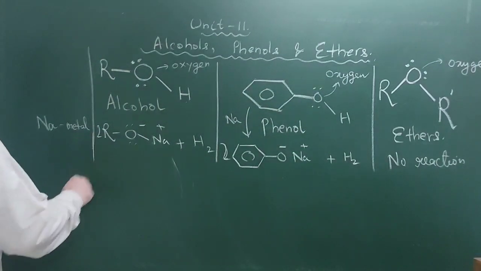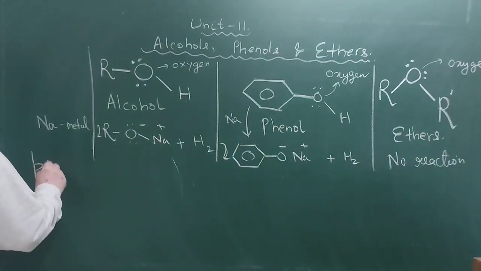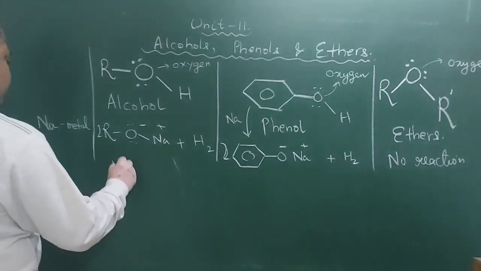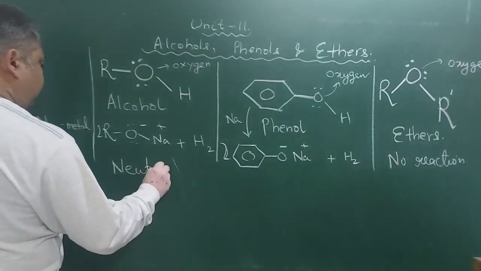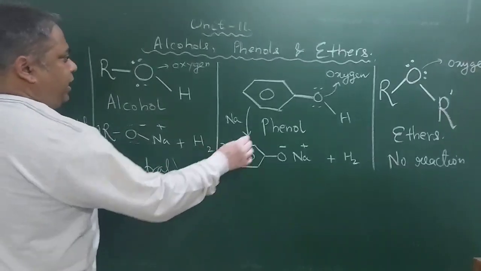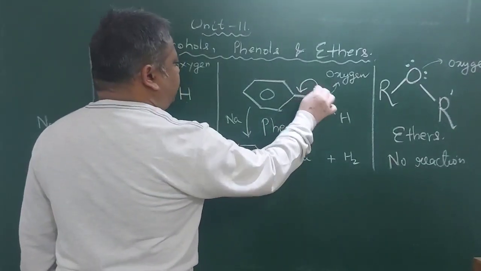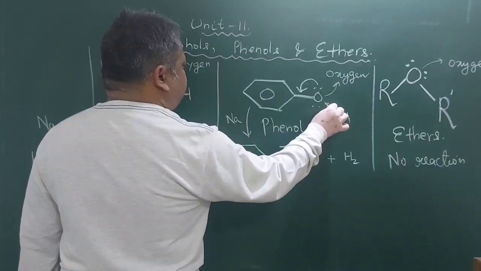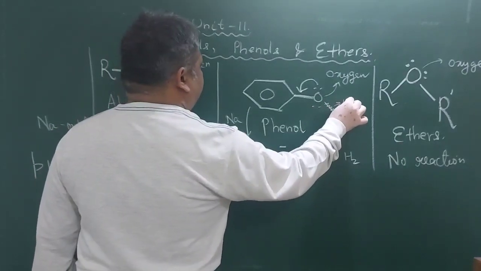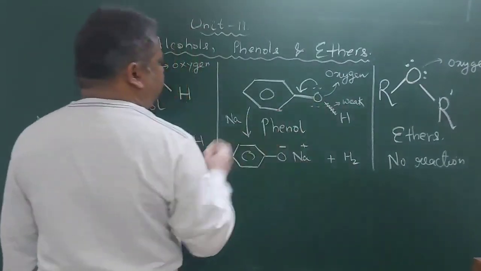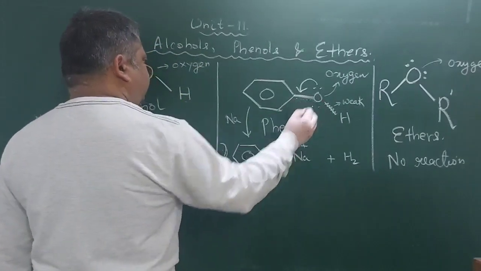Next, if you treat this with pH paper, this will show neutral, this will show acidic nature because of the double bond character. This bond is weak. They have a double bond character here.